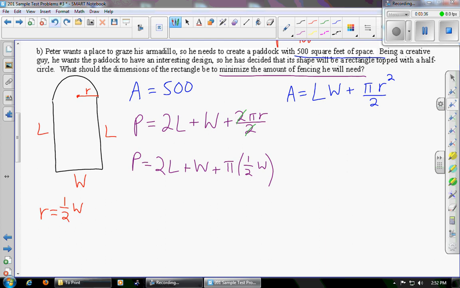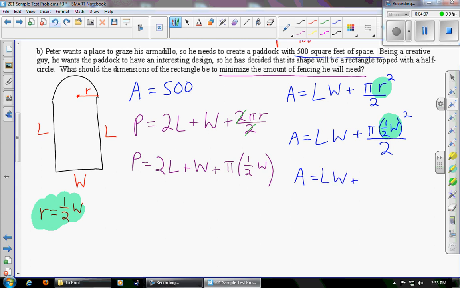Okay, fair enough. Let's keep playing with this. Area equals L times W plus pi radius squared over 2. Instead of the radius, I feel like we're about to make the same substitution we did before. The radius, we've already discovered, is really half of W. So if we just put half of W right in here, then that seems to be better. All right, that fraction is really getting messy, so let's spend a moment cleaning it up.